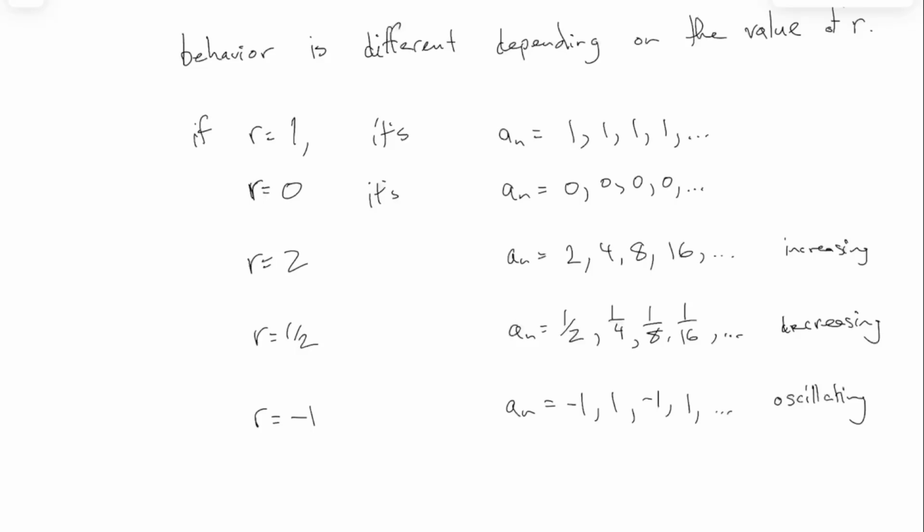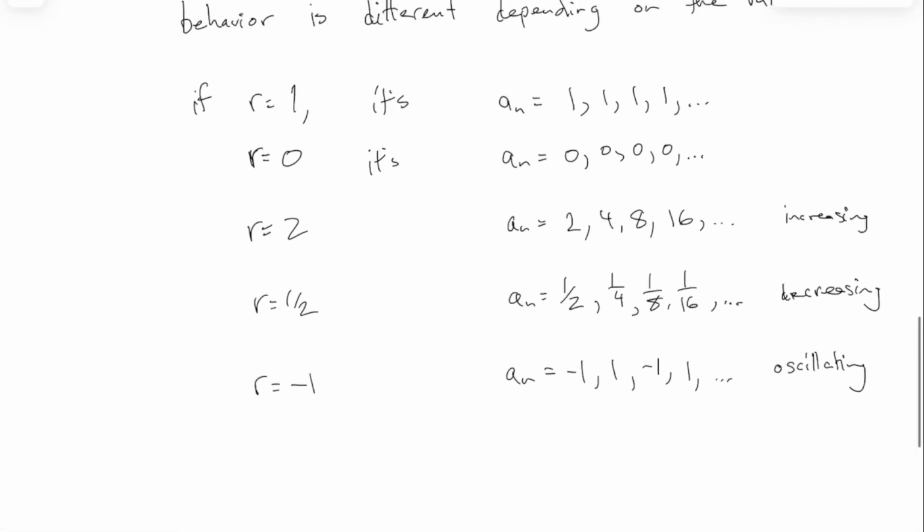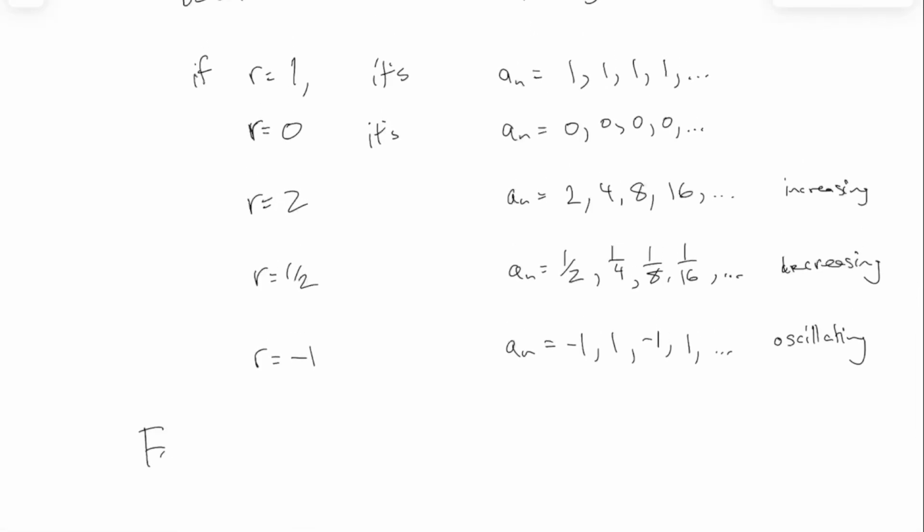And I would like to discuss which values of r lead to various different outcomes. One very specific question we could ask is, for which r does this sequence a_n equals r to the n converge? Converge, remember, means that the limit as n goes to infinity exists.